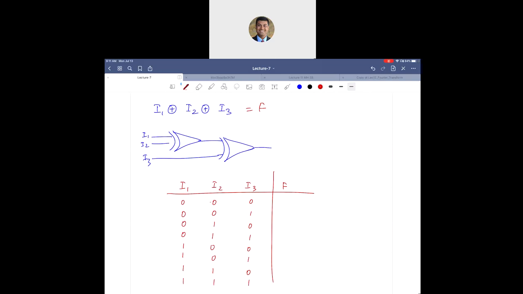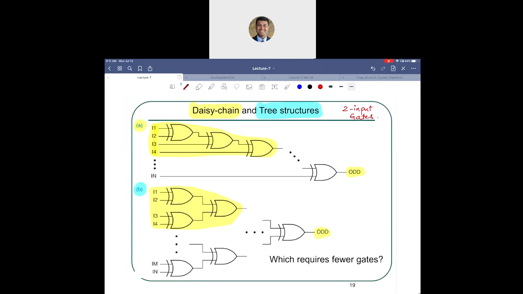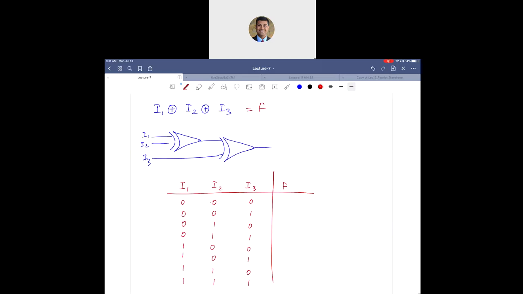0, 0, compare these two, what do you get? 1. So you get 1 here, here, mutually exclusive here and here.